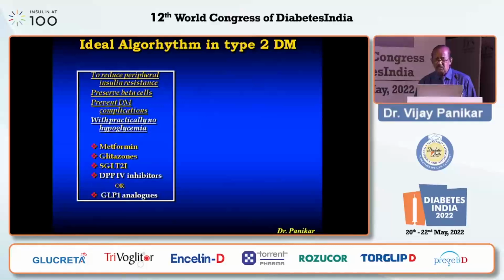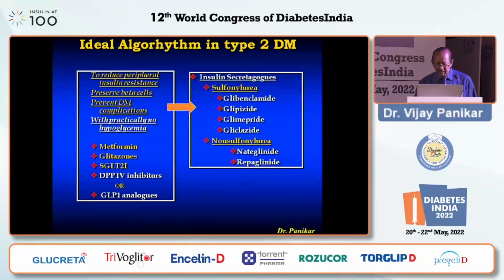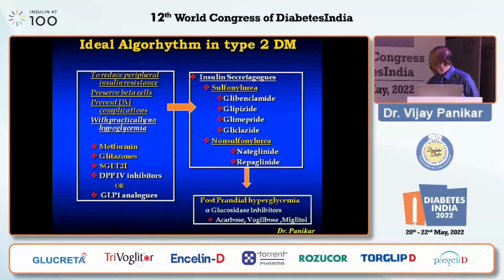If that does not work, if your sugars are still not controlled, you may need a slight push with a sulfonylurea. So these are the sulfonylureas you have, and among them I would say a modified release gliclazide would be the best, because the chances of hypoglycemia are minimal with it. If the patient has only postprandial hyperglycemia, you would add an alpha glucosidase inhibitor.